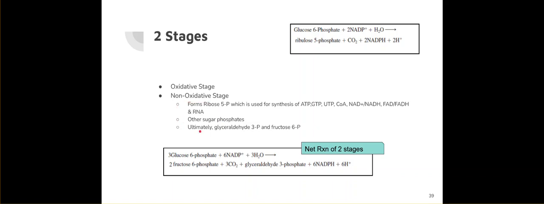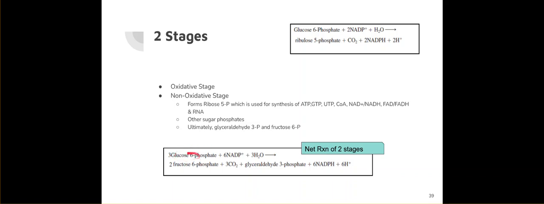And ultimately, you can end up with this glyceraldehyde 3-phosphate that is a product of this whole thing. You end up with these two compounds ultimately, glyceraldehyde 3-phosphate and 2 moles of fructose 6-phosphate.